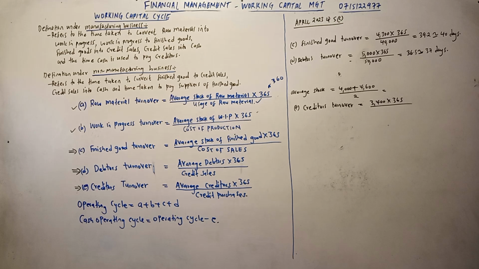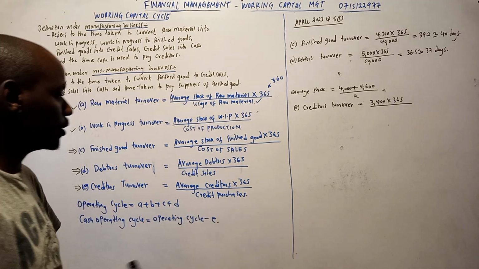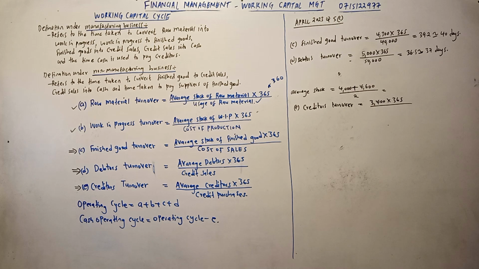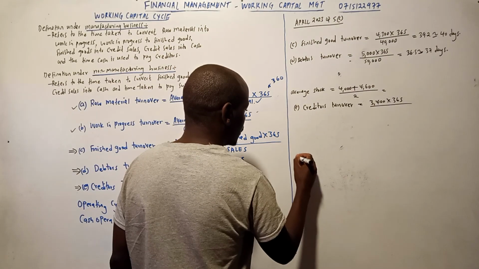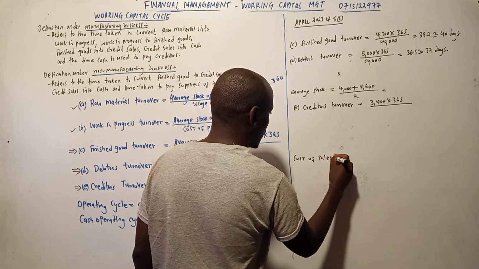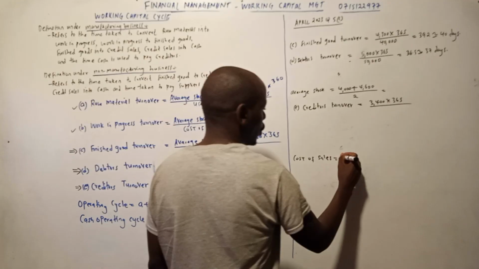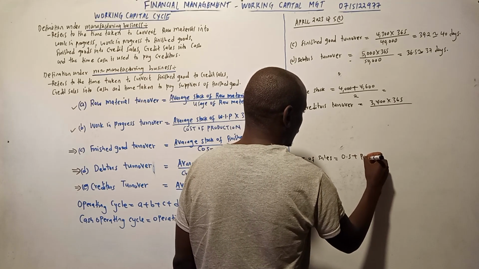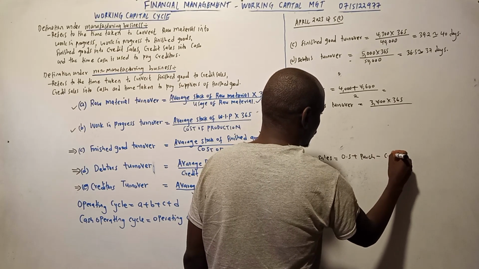Do we have the credit purchases? We can compute them. So let's compute the credit purchases. What's the formula? We know that cost of sales is equal to opening stock plus purchases minus closing stock.